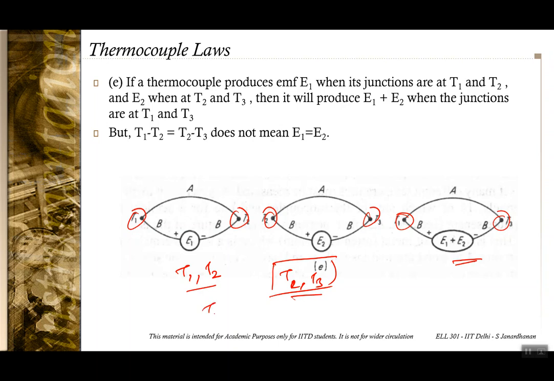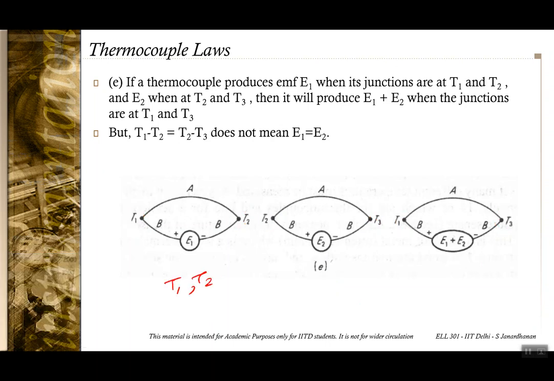But if you have T1 and T2 here and you have some Tx on the other side, and here you have T2 minus T1, so the difference here is the same as the difference here, this does not mean that the EMF will be equal.